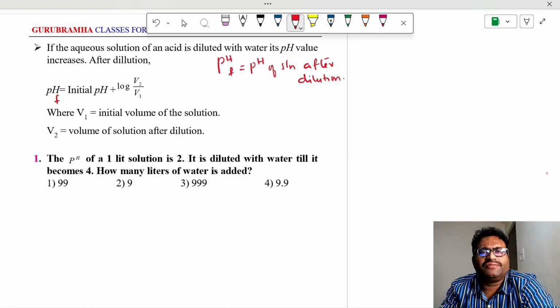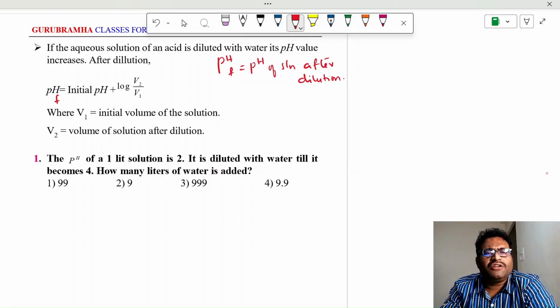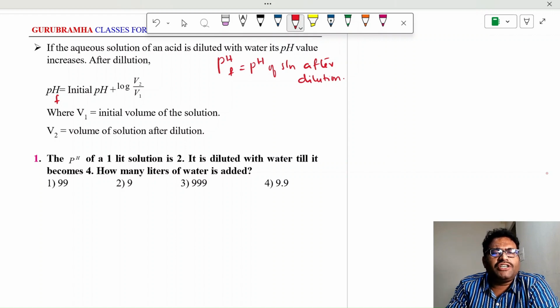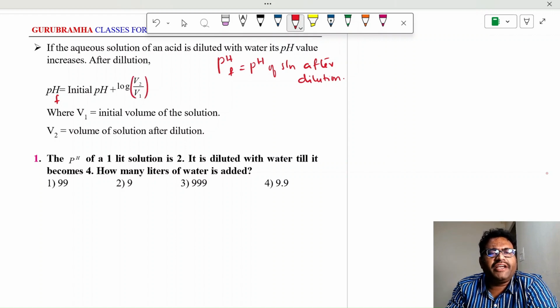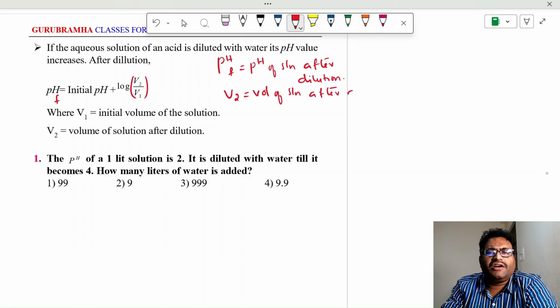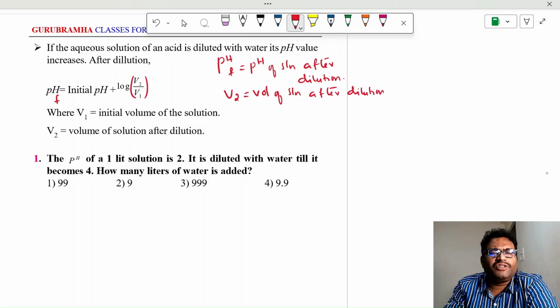So pH final is equal to initial pH plus log V2 by V1. V2 means V final, the volume of solution after dilution, and the initial volume of the solution is V1.